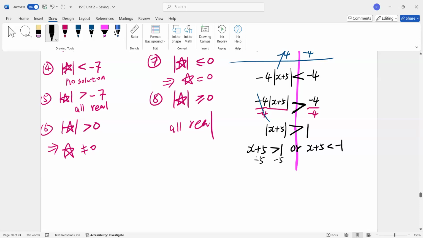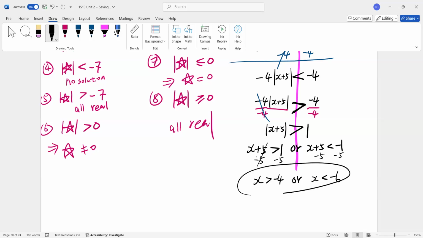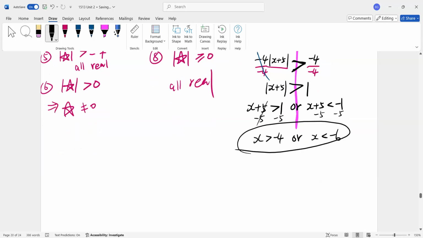Subtract 5 from each side, so x is bigger than -4. OR, very important, bring it down. And this one, subtract 5 from each side, we have x is less than -6. Done. But the problem will require you to enter the answer in interval notation, right? Okay, let's graph it.